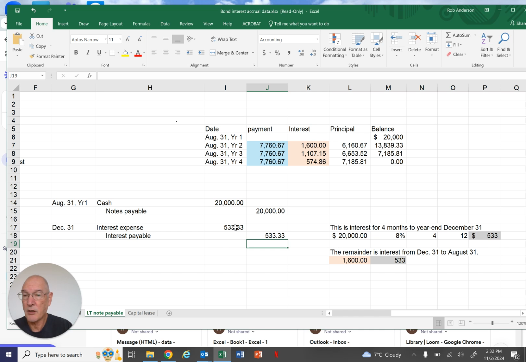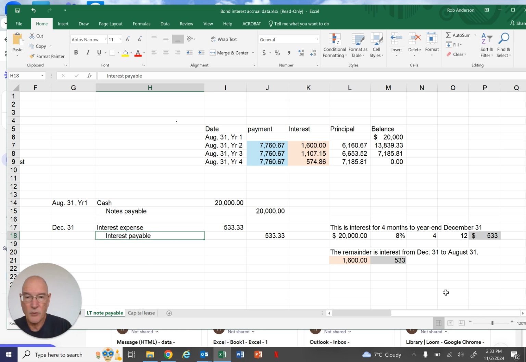Because this is an adjusting entry, we have one income statement account, interest expense, and one balance sheet account, interest payable. The interest expense is going to be closed out to income summary or retained earnings. It's part of your profit or loss for the year. Interest payable is a balance sheet account, and this is a current liability in this case because we're going to pay off that payable within a year.